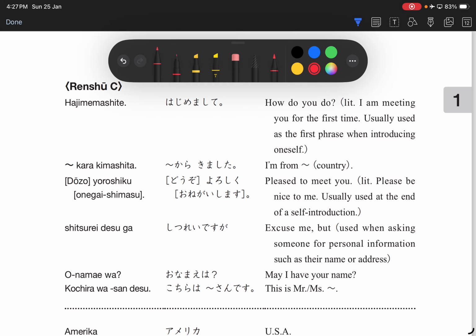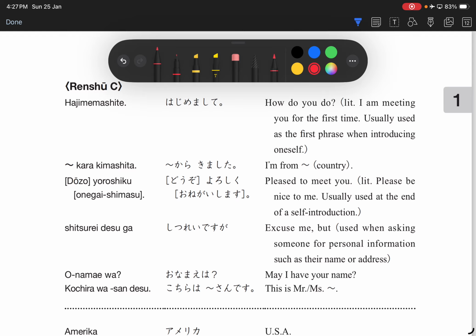Usually we use this at the end of a self-introduction, like telling people 荣幸见到你, 我希望你能照顾我. It's a really formal salutation. It's telling other people nice to meet you, please take care of me, from now on I'll be in your care. In English we don't really say such things, so it sounds very weird to you. But in Japanese we need to start practicing this kind of request.